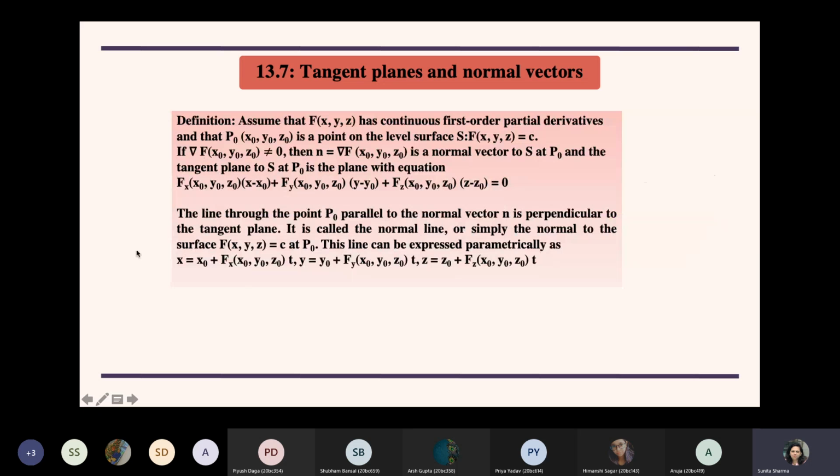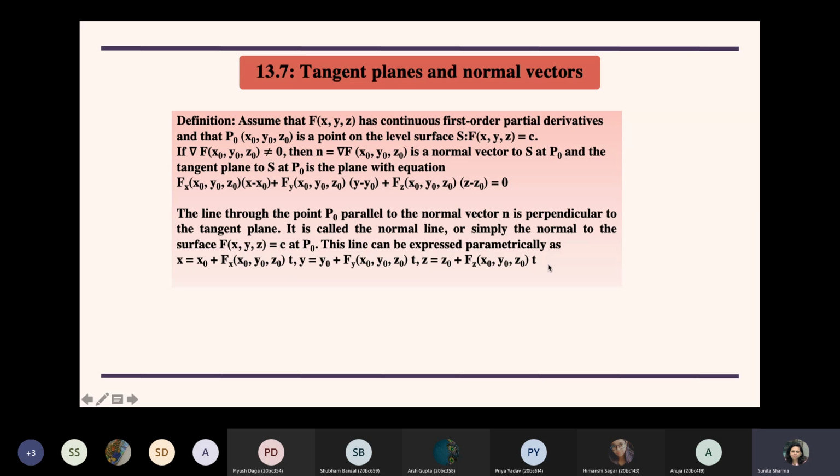So how do I find the equation of the normal line? I have a point P naught given to me, and I have the vector which is parallel to that line. If I take the components of that vector, multiply them with t, and then add my specific point, I get the equation of the line.